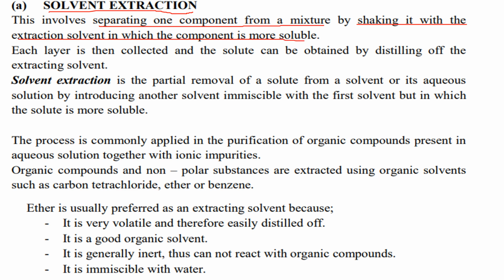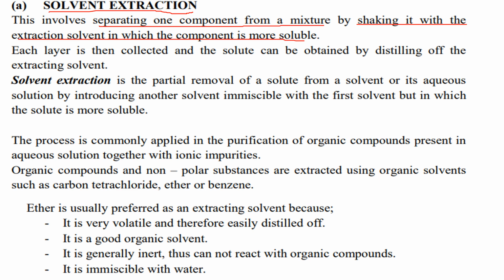In other words, we are separating a component from a mixture, but in order to do that, we have to have a mixture of two solvents, and the other solvent we introduce must dissolve the solid more than the other. That's why we say this involves separating one component from a mixture by shaking it with the extraction solvent in which the component is more soluble.